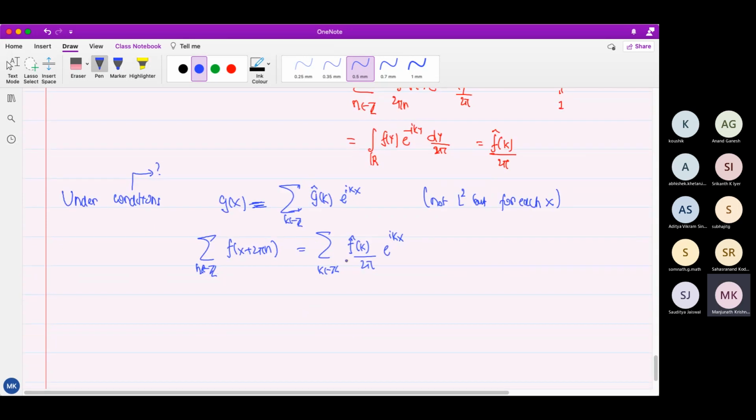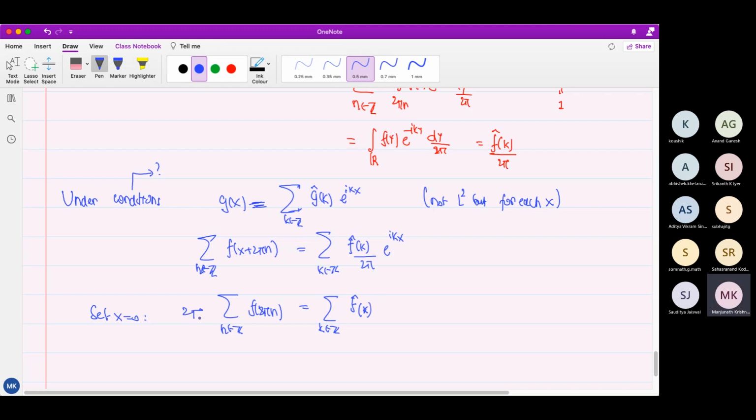We get this kind of funny formula. Particularly, let's set x equal to 0. What you get is the sum of the function values at 2 pi times integers is the same as the sum of the Fourier transform at integers.